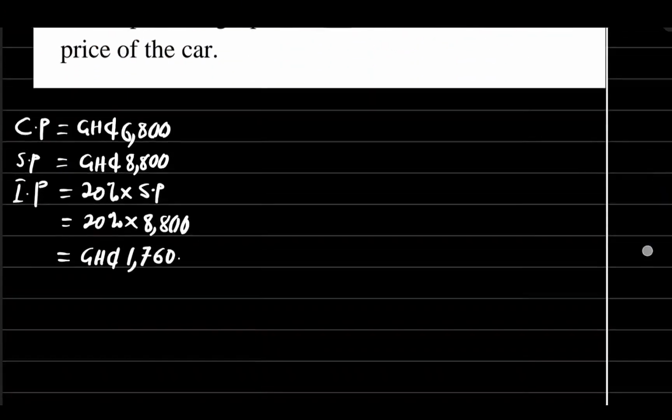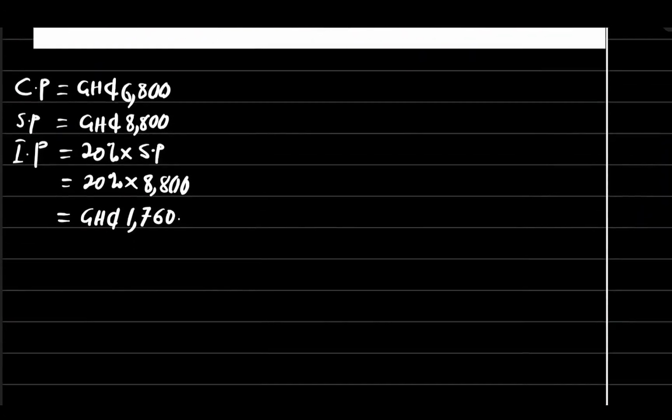So we also need to have the remaining balance after the initial payment. Balance after IP, that's the initial payment, to be equal to the selling price minus the initial payment.